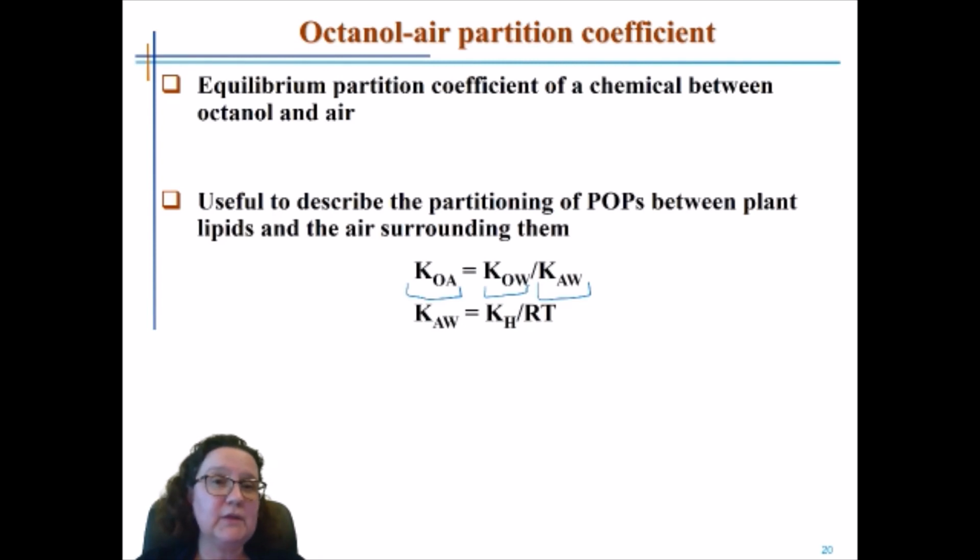So when you're looking at a chemical, by knowing, for example, Henry's constant and its octanol water partition coefficient, you can combine them to produce other partition coefficients that will explain, when your chemical is in the environment, will it move preferably to the water? Will it stay in the soil? Will it volatilize and move to the air? Will it enter the food chain? Will it enter the fatty tissues of animals, or the lipids in plants?